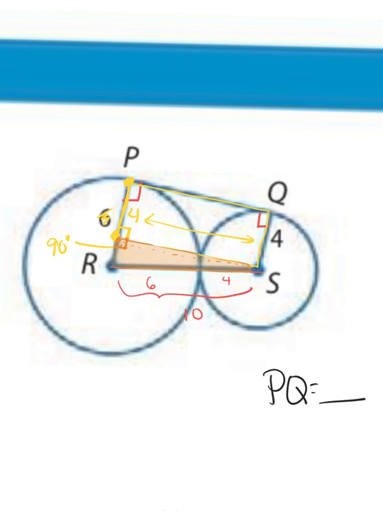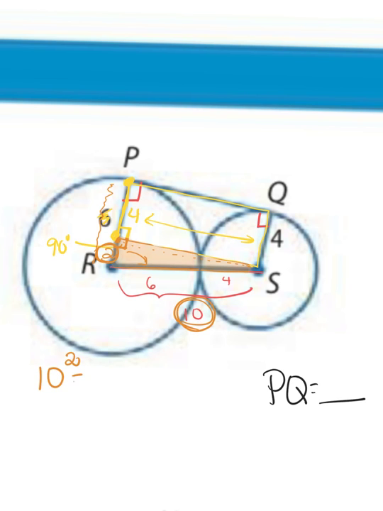Okay, that is the triangle that I'm going to use the Pythagorean theorem on to help me solve PQ. Now, if this side over here was 6 and the piece I put in the rectangle was 4, that means that I've got a 2 right there. And down here I have a 10, and that 10 is the hypotenuse because I've got a right triangle.